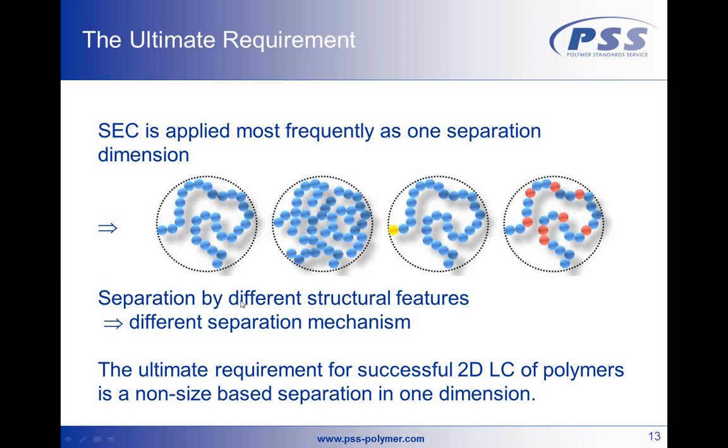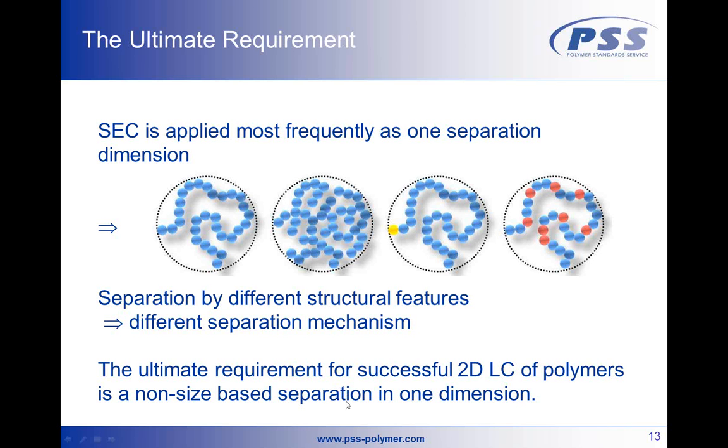If we have to separate by other structural features, for example by end groups, like here, where we would like to separate the linear chains without this yellow end group from those with the yellow end group, we need a different separation mechanism. If we would like to separate these structures by chemical composition, then we also have to use a different mechanism.